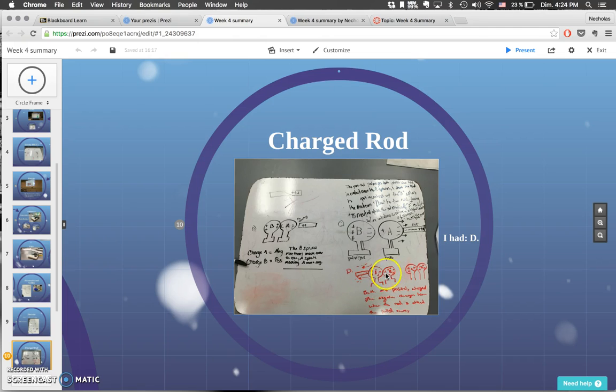So as you can see, the negative charges flow to the positive because it wants to be closer to it. So these ones become ultimately positively charged. And I wrote here, both are positively charged. The negative charges leave when the rod is attached and pulled away.